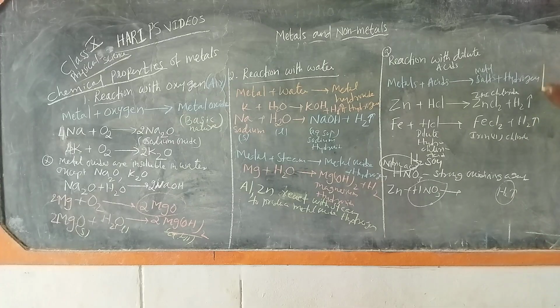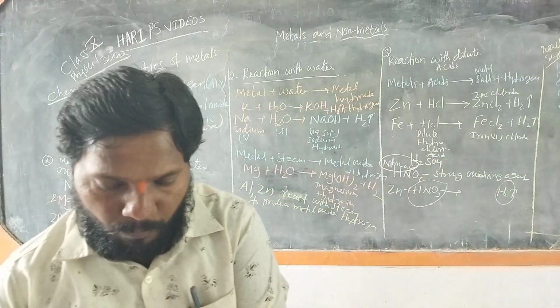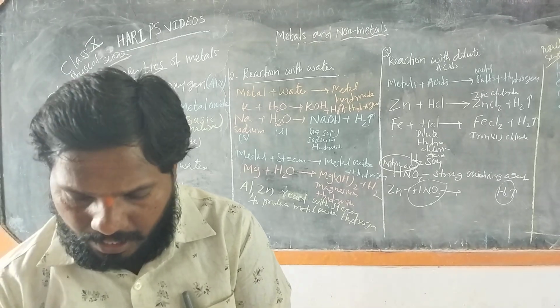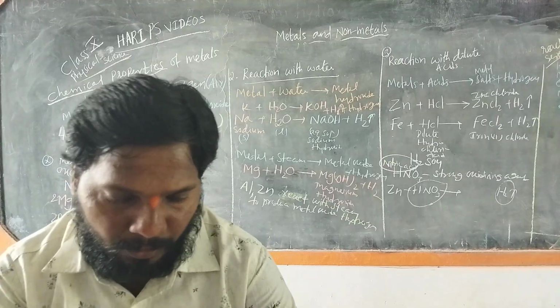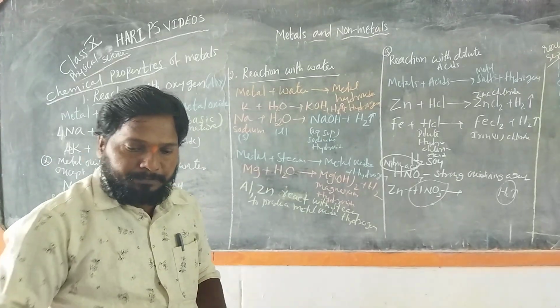So here we will discuss some reactivity series of elements. Potassium, sodium, calcium, magnesium, aluminum. Why are these metals able to displace the hydrogen from their respective acids?